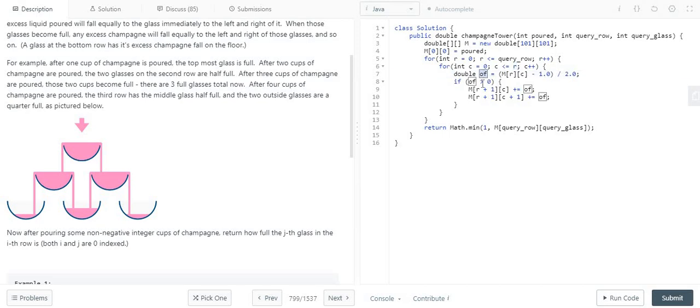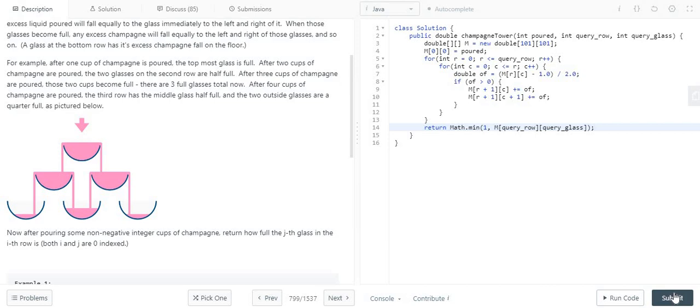Since 1 is greater than 0, it will fill up the entries for the next level. But we are not worried about the next level, because the query row and query glass is 0 0, yet it is initialized with 2, so it would return 2. That's why we have to calculate the minimum value, and the minimum has to be 1, because this glass is filled with 1 liter of champagne. So this minimum condition is written at the final case. We can consider it as a base case.